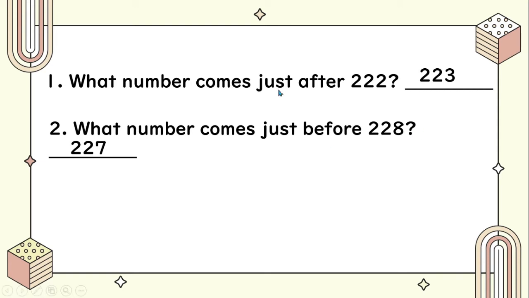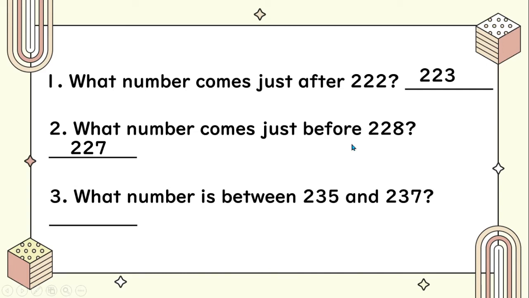It's because of the word before. And for number 3, what number is between 235 and 237? That's 236. Very good.